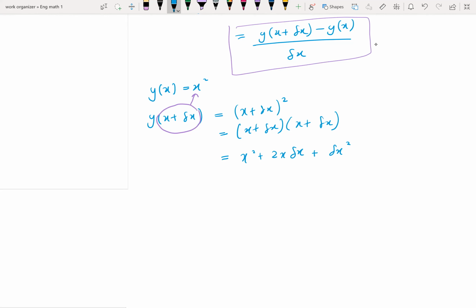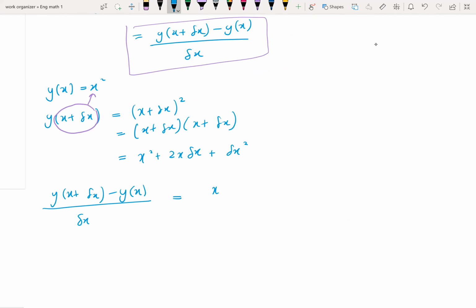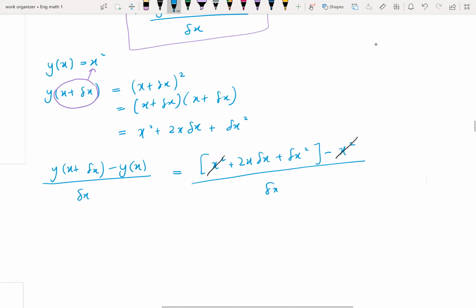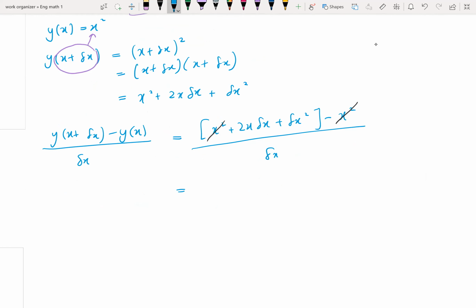Again, just write down y of x plus delta x minus y of x over delta x: x squared plus 2x delta x plus delta x squared, minus x squared, over delta x. We can cancel this one with this one, and then we factorize the delta x outside.